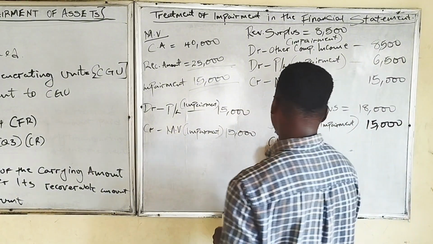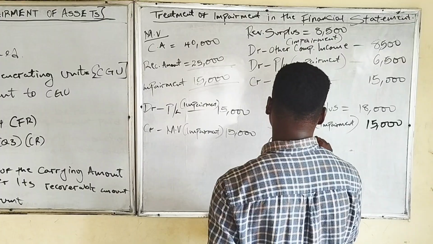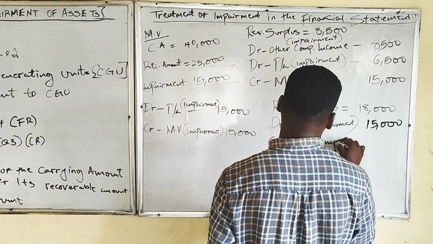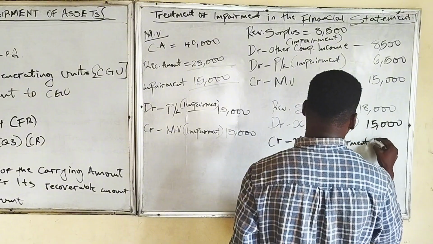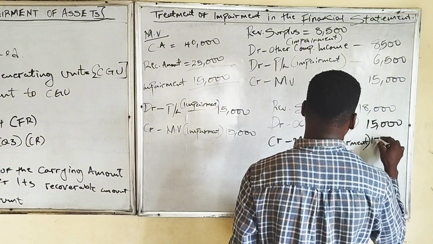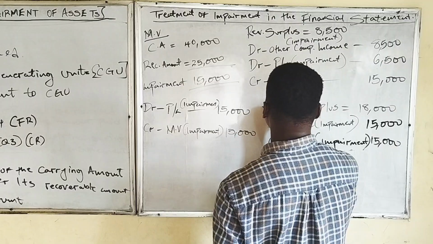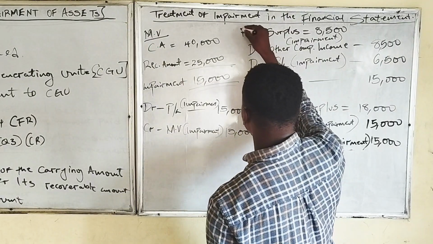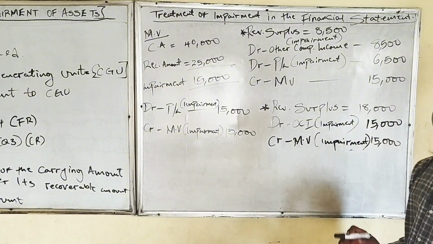Then we'll credit the whole amount also to motor vehicle itself, which is a PPE item with impairment, so that it will reflect the recoverable amount of this asset as at this period, 15,000. So this is just another scenario. I believe we understand this now.